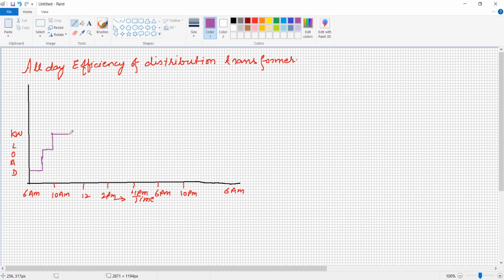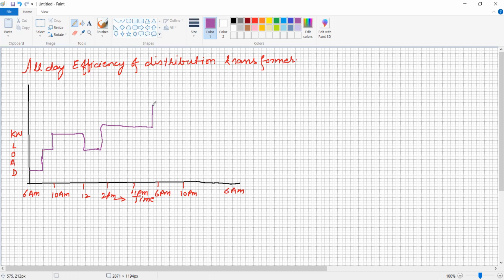Now it will remain up to 12 p.m. During lunchtime there is some decrease in load, and again the load increases, say at 6 p.m. to 10 p.m., when all the commercial buildings and street lights are on.